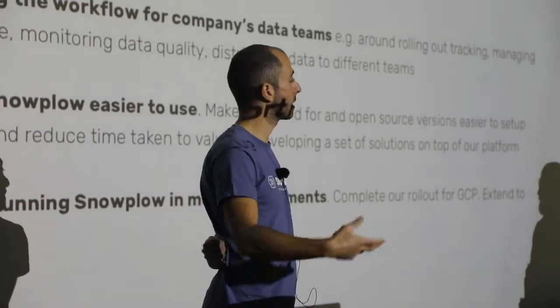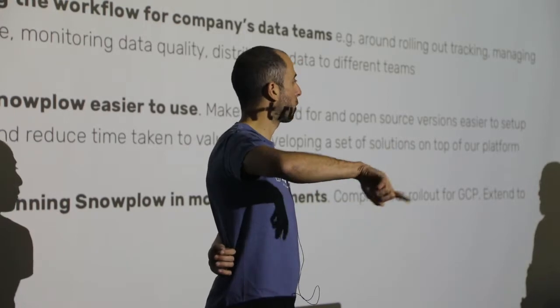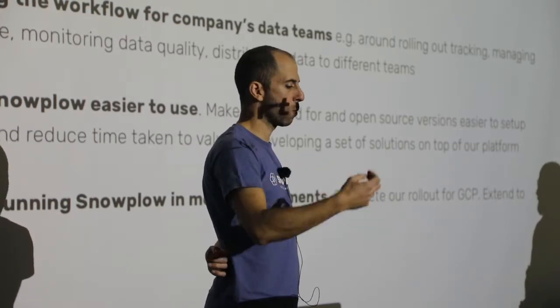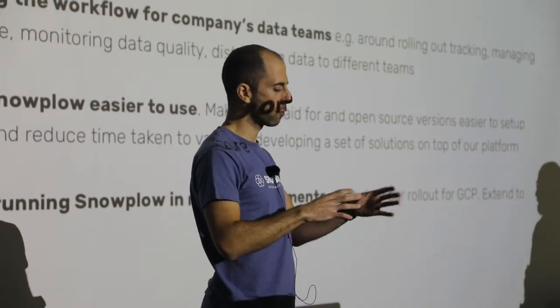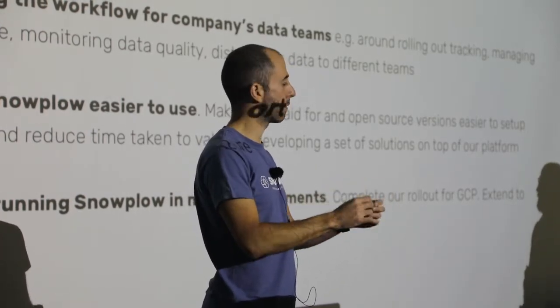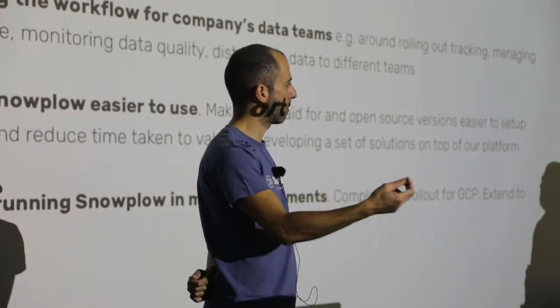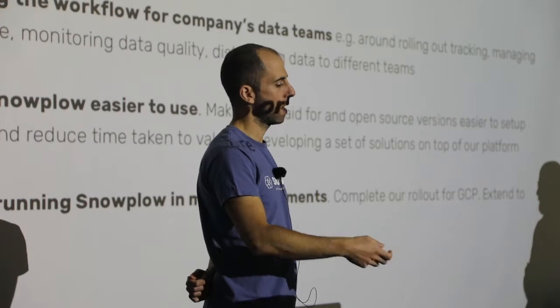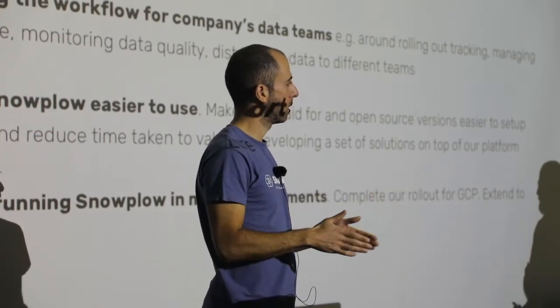You just want to start collecting user-level data, or maybe you want to start joining offline and online. What we'll typically do is work with companies to execute on just that use case. So just get Snowplow in place and just enough tracking to deliver that use case end to end and unlock the business value associated with that. And hopefully you've got some momentum that you can go back and build out the implementation.